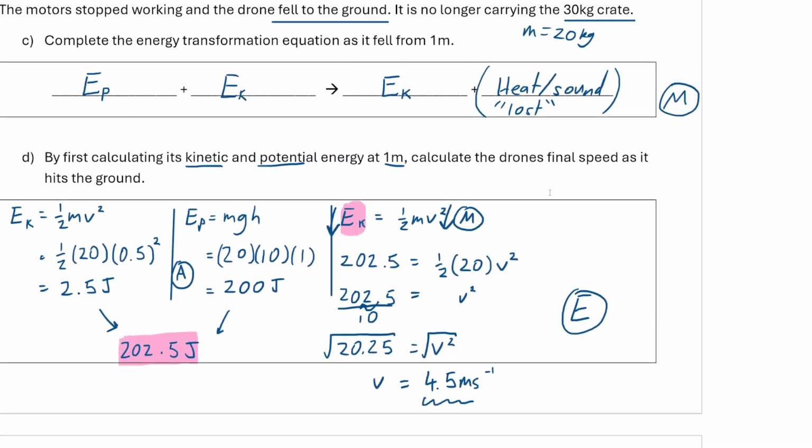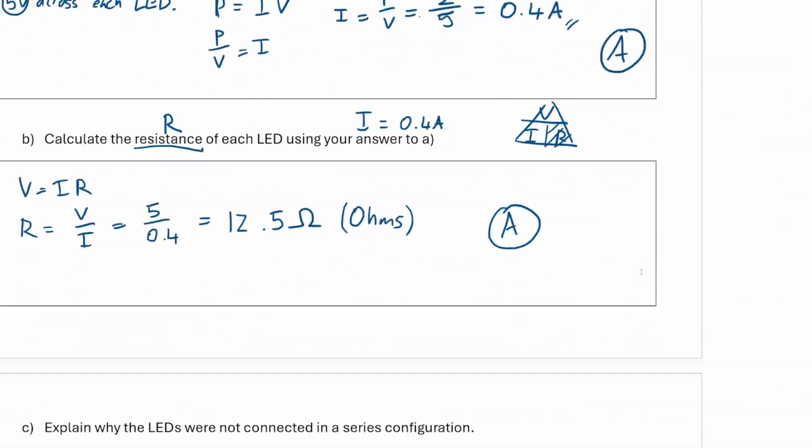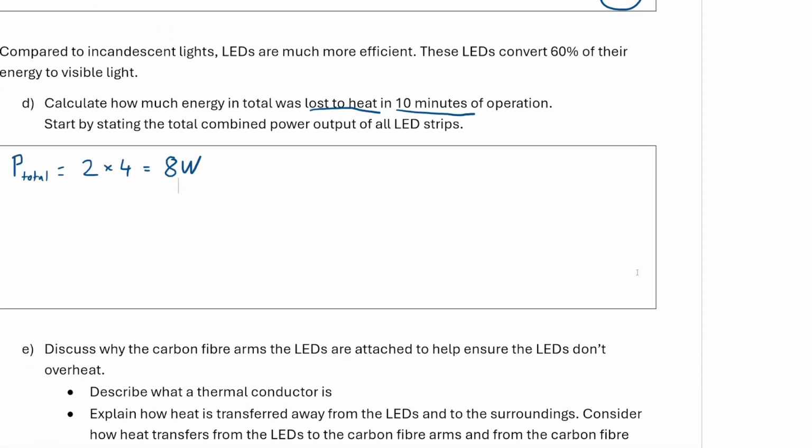Okay, so we've got power, we've got time. Have a look at the formula sheet. We're looking at the bottom right. Energy equals power times time. So let's write the formula. E equals PT. P is 8 watts and T is 10 minutes.